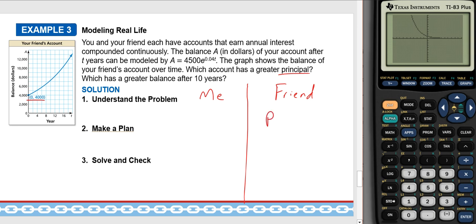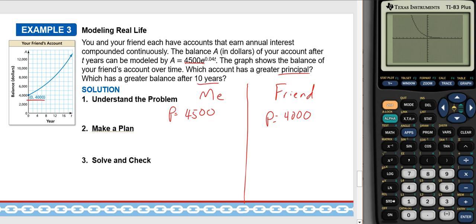So friend's principal is 4,000. And then my principal comes from this equation here. So my principal is 4,500. So I have the greater principal, or a greater initial investment.